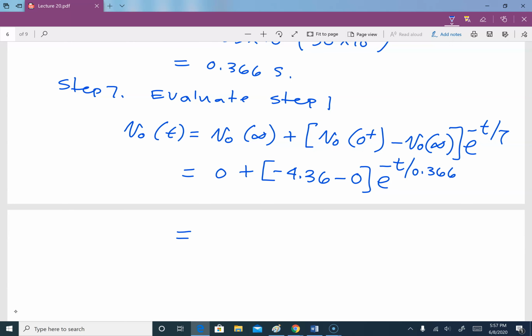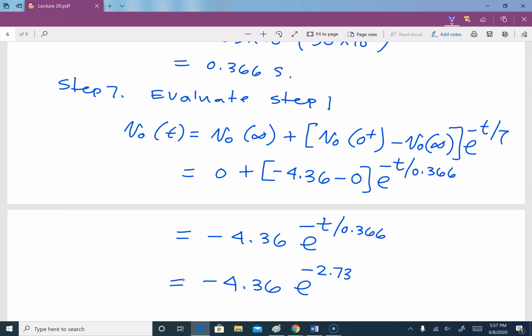and that is equal to negative 4.36 exponential of negative t over 0.366, which is negative 4.36 exponential of negative 2.732t. Because when we are saying negative t over 0.366, that is really equal to 1 over 0.366, and it is negative times t.